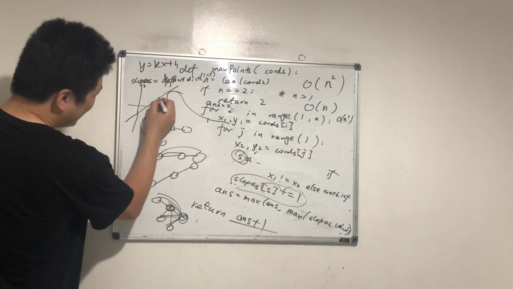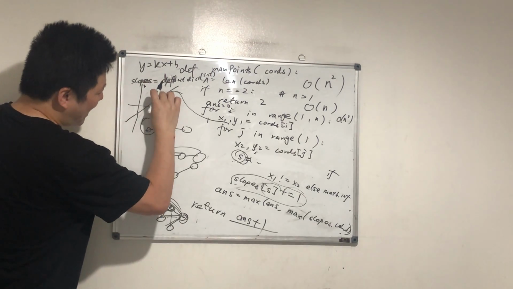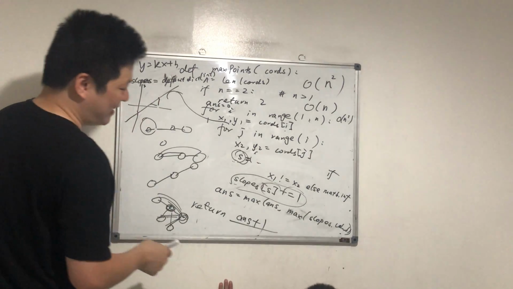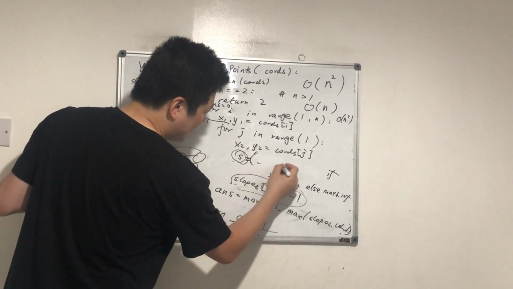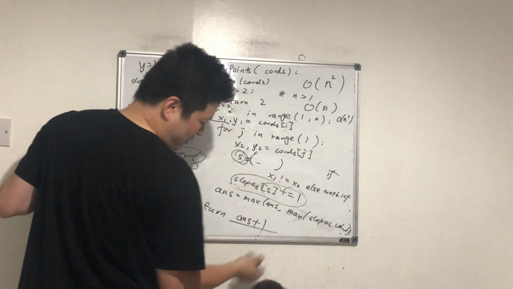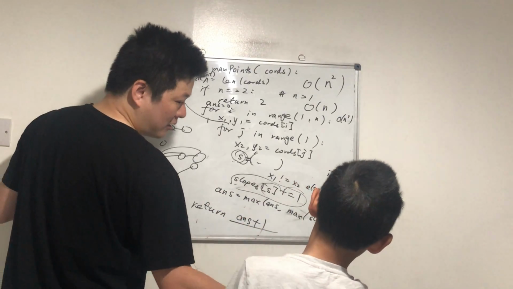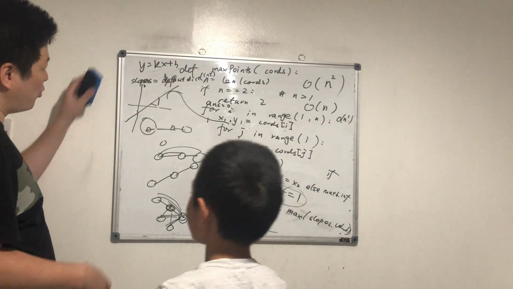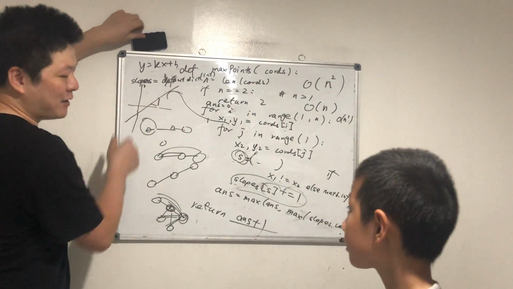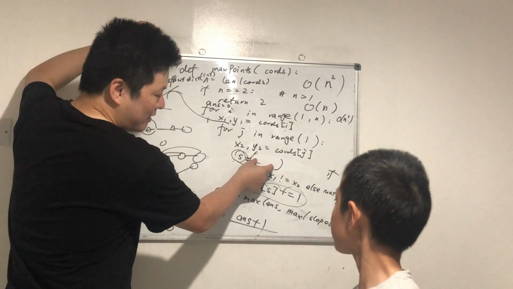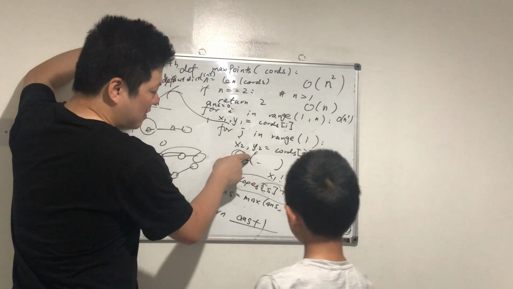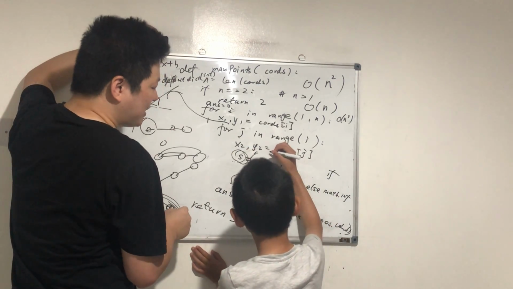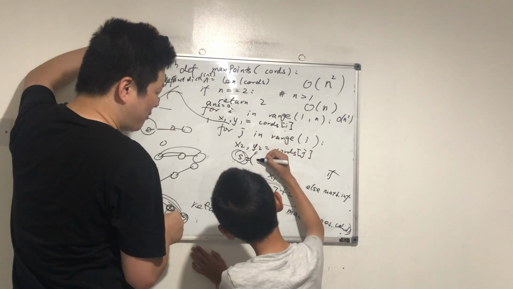Remember this, we can draw a triangle. Delta y divided by delta x. I said delta y divided by delta x. What's delta y? Y2 minus y1, right? That's delta y. Come on, y2 minus y1.